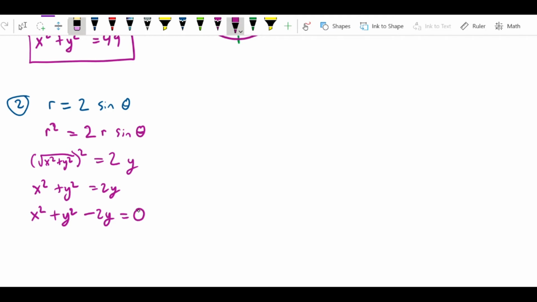Now, you should recall how to complete the square. So y squared minus 2y is going to be y minus 1 squared minus 1. If you don't recall, you can look in the beginning part of the book, in chapter 1, for the algorithm to complete the square.